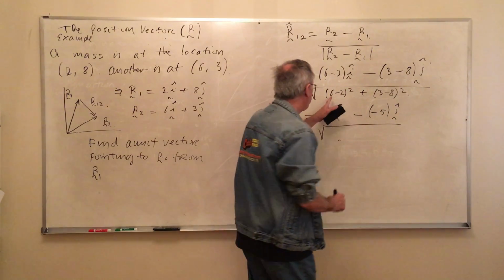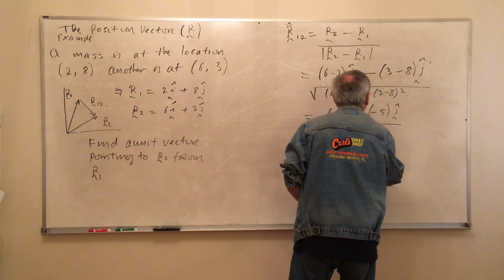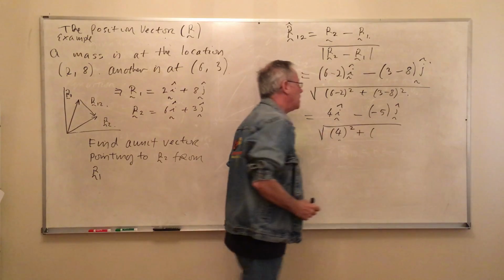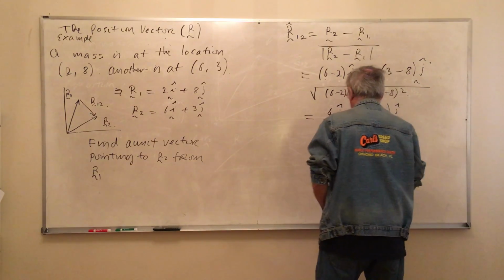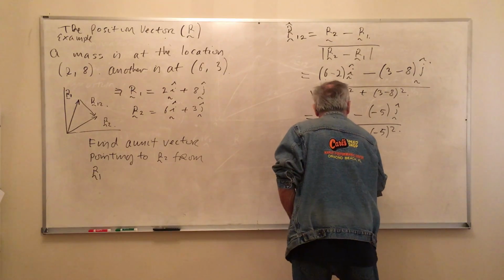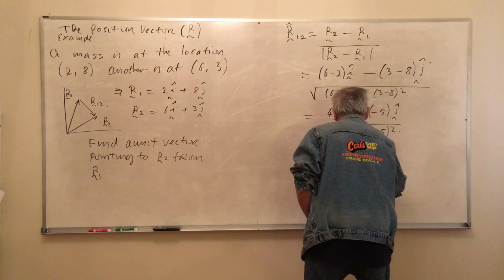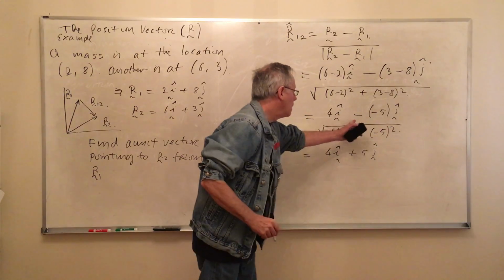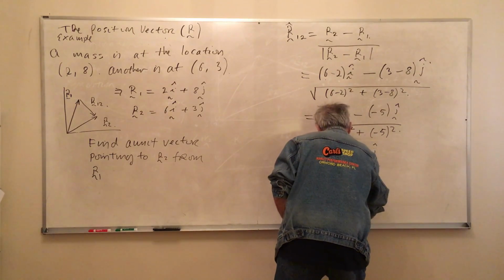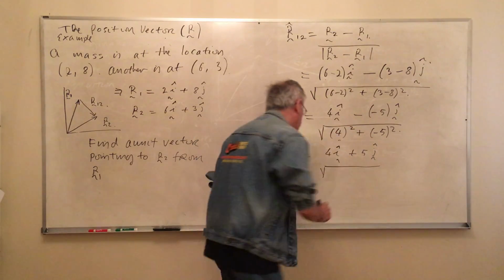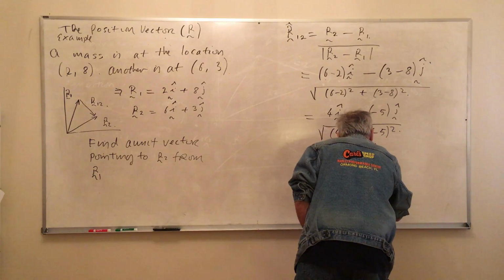6 minus 2 is 4, which has to be squared. 3 minus 8 is negative 5, which has to be squared. Now in this step I will remove the bracket, giving me a positive sign. 4 squared is 16. 5 fives is 25.